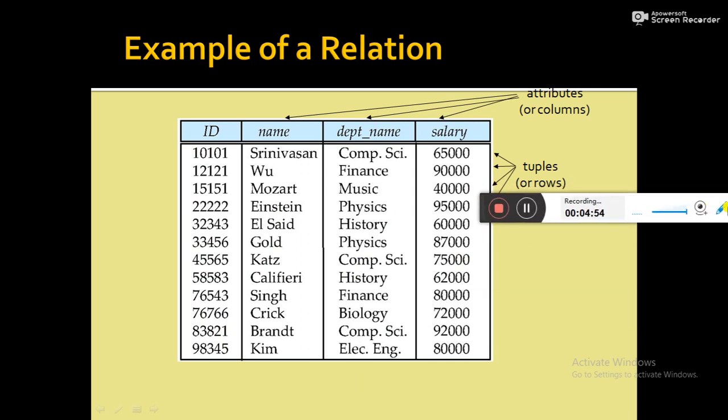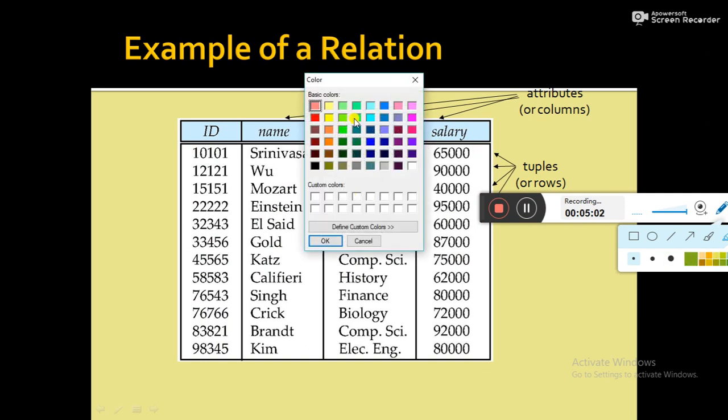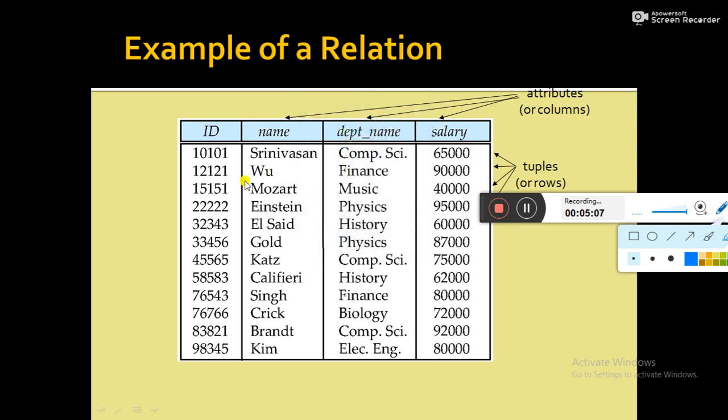For example, let me draw it. So what is the domain of attribute ID? This is the domain of ID.